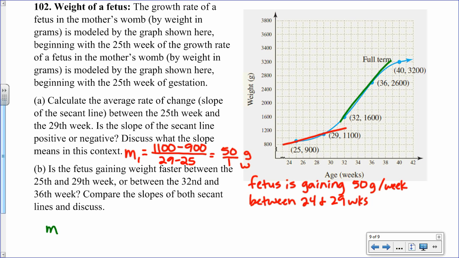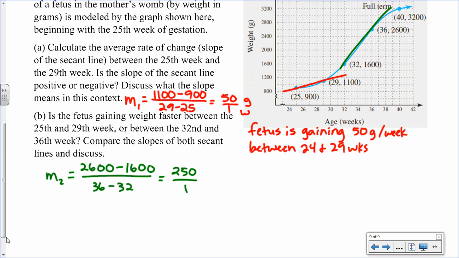So if I find my second slope, I do the slope formula, y2 minus y1 over x2 minus x1. I get 250 over 1. So 250 grams per week is more than 50 grams per week.